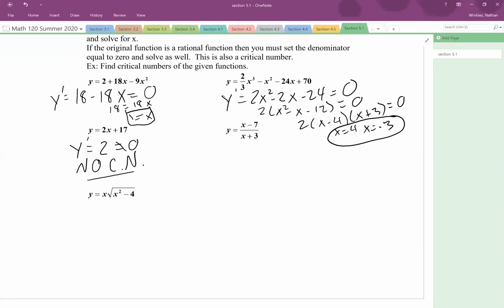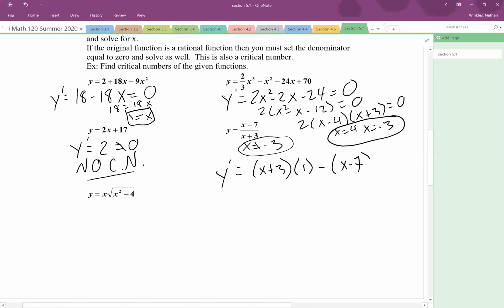For the fraction here, understand that y equals x minus 7 divided by x plus 3. x cannot equal negative 3. It's not in my domain of the original, so it does not exist. So keep that in mind. y prime is low d high minus high d low over our bottom squared.